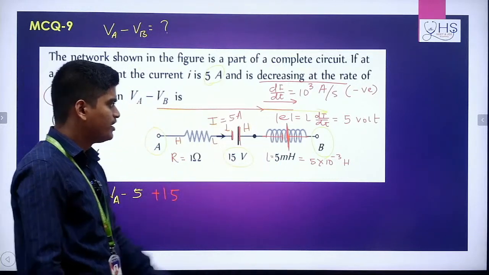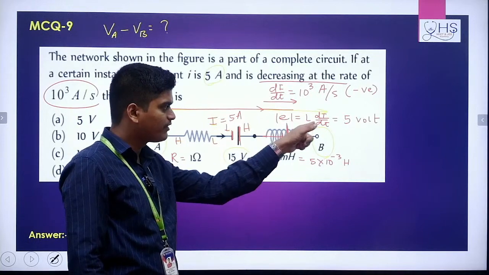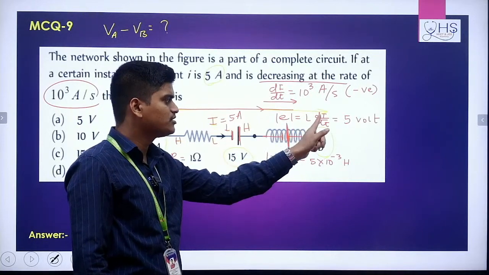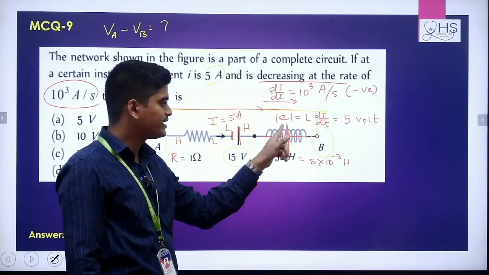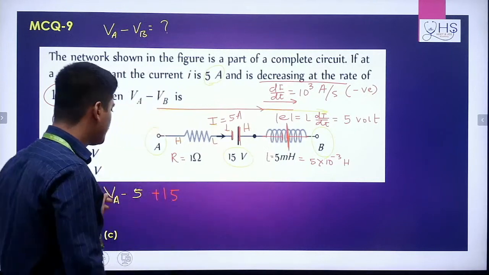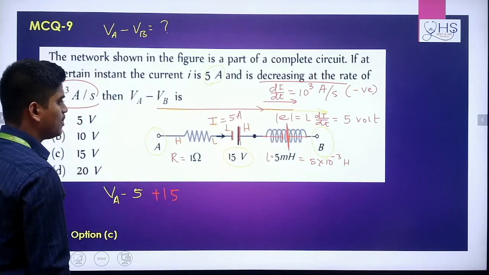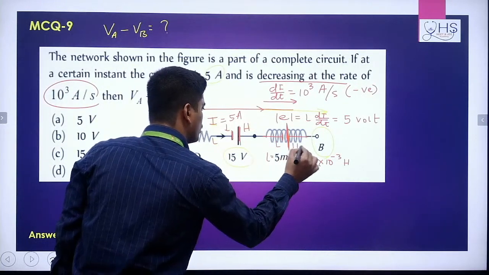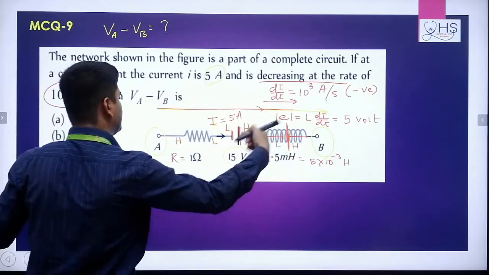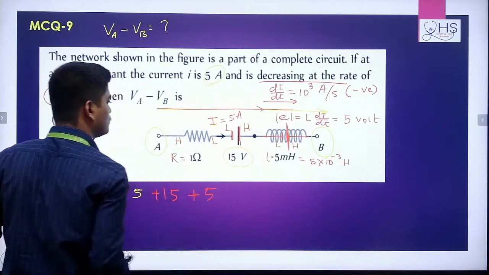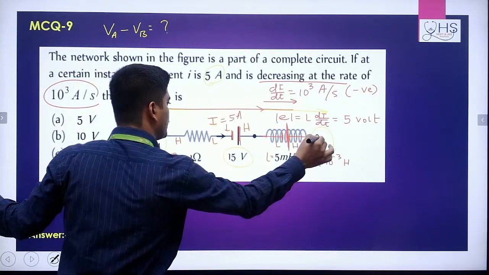But here see, when I am calculating the EMF, I have taken all positive things because I calculated the magnitude, because the battery sign is already given. So in applying KVL, that battery sign will help here, and the magnitude I have taken. Now see, I am again going from this battery's lower terminal to higher terminal. So there is an increase in potential. So it will be plus 5 volt, and I reached the B point.